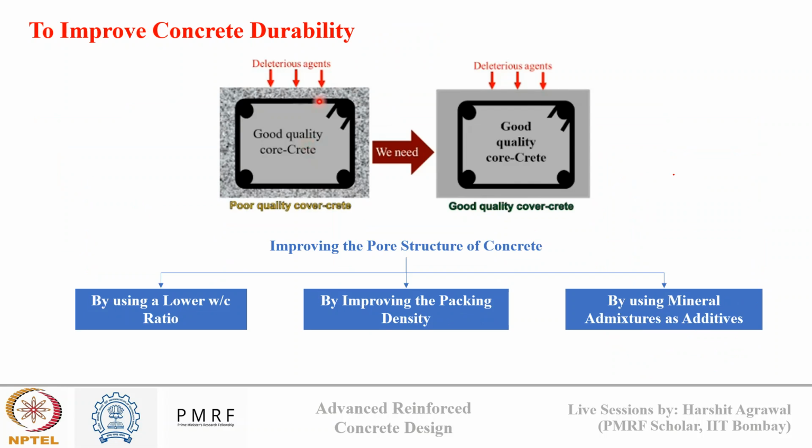We talked about how we can improve the cover concrete quality in three ways: by lowering the W by C ratio, by improving the packing density of aggregates, and by using mineral admixtures as additives. We also discussed how different chemical admixtures enhance durability.